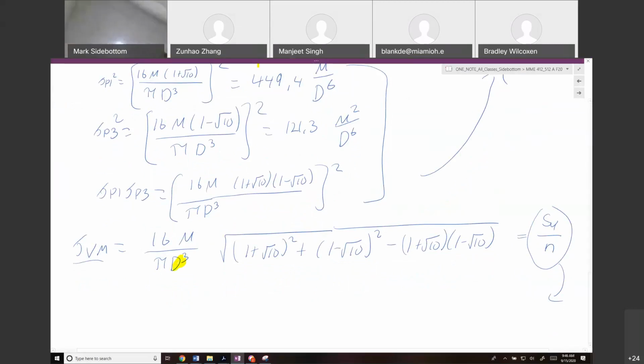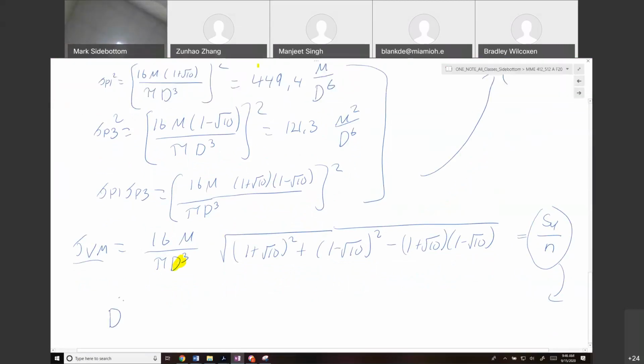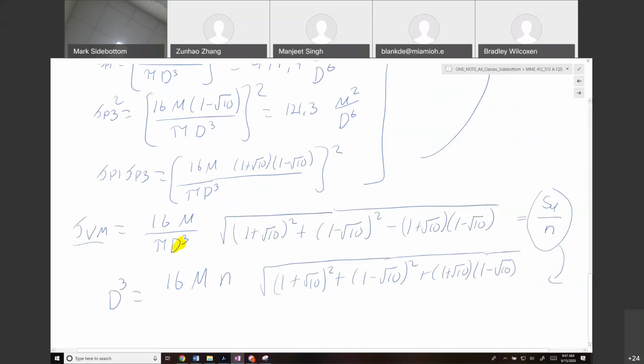If we do that, we end up getting the diameter cubed is going to be equal to 16 times the moment times our factor of safety times the radical term divided by our yield strength.